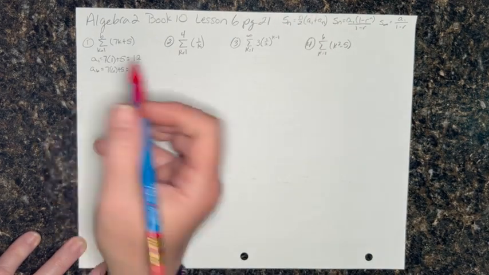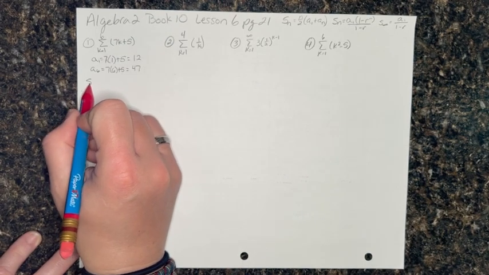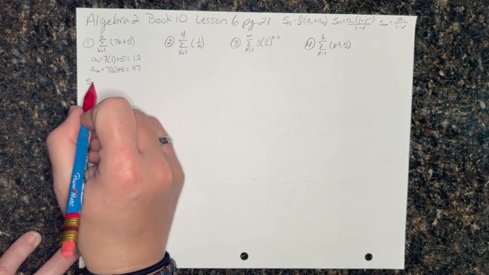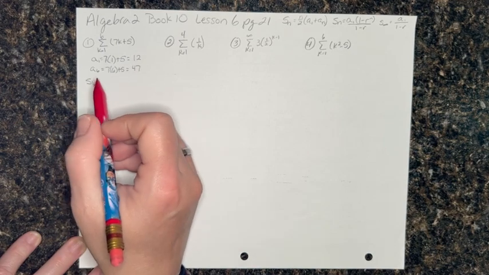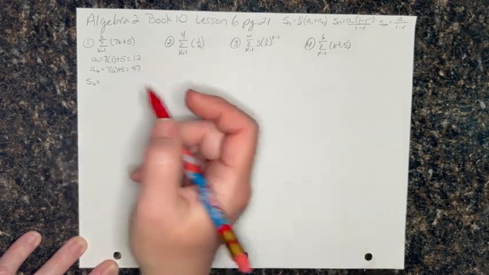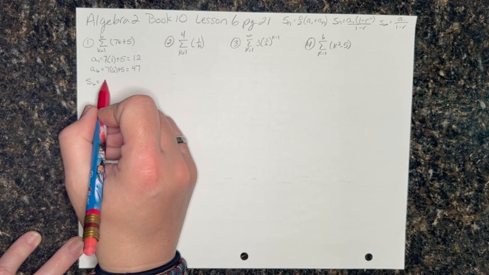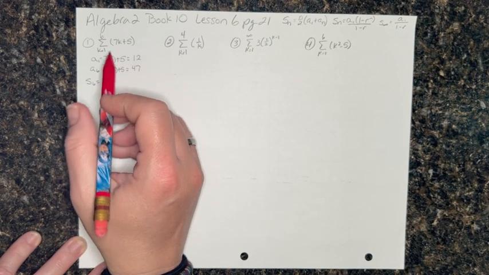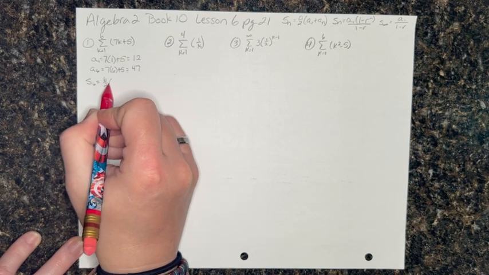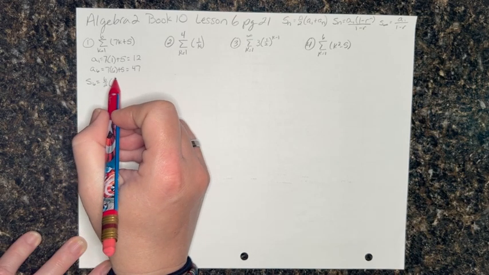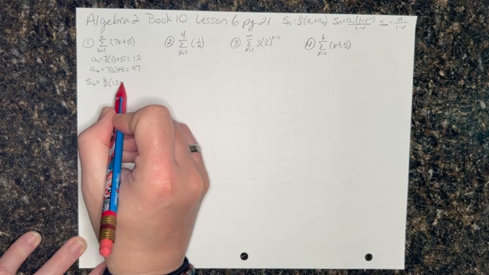So we can do this formula. So the sum of this series from 1 to 6, because that's what we're looking for, so s sub 6, you could probably just write s, is going to be equal to n, which is again my 6, over 2 times the quantity 12 plus 47.